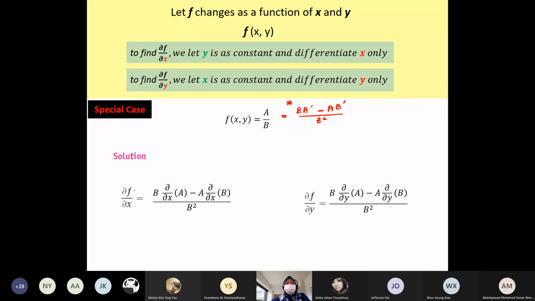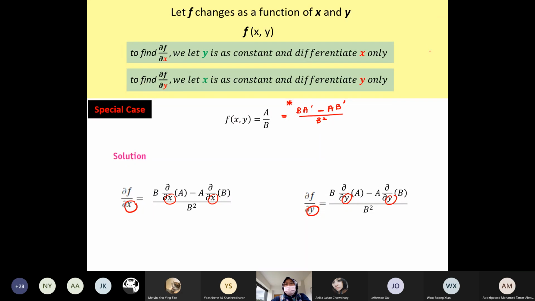If you want to find the partial derivative with respect to x, then everything must be differentiated in x. If you have df over dy, then you must differentiate with respect to y. The formula is B differentiate A minus A differentiate B over B square.